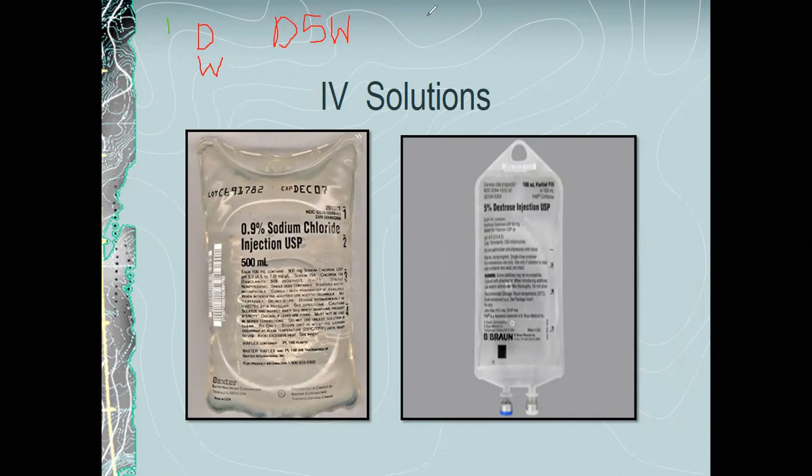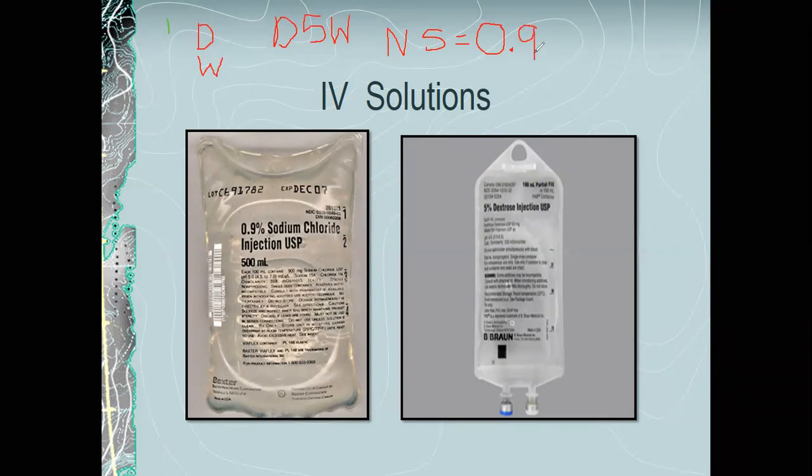Other things you'll hear is normal saline, saline, or you may just hear saline. A lot of times that normal is kind of kicked off by the nurses. So what you'll hear is saline, and that's going to be normal saline. We don't typically just say the percentage because you'll get to know it and love it.